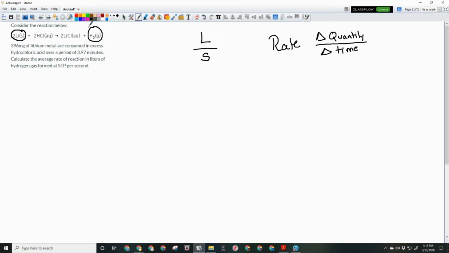We're starting with 396 milligrams. As I mentioned, we have to use stoichiometry to do this, and we know how to do stoichiometry. Remember, stoichiometry is taking some quantity of one element or compound and calculating a quantity of a different element or compound.